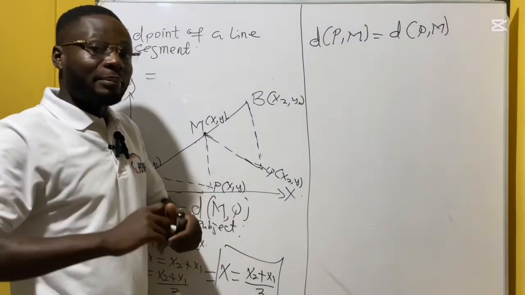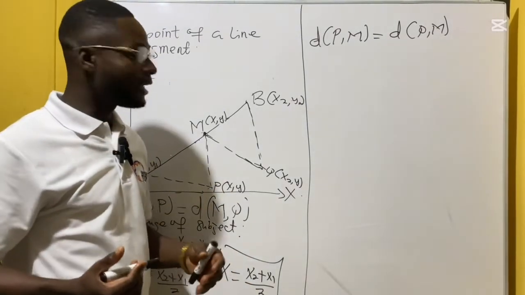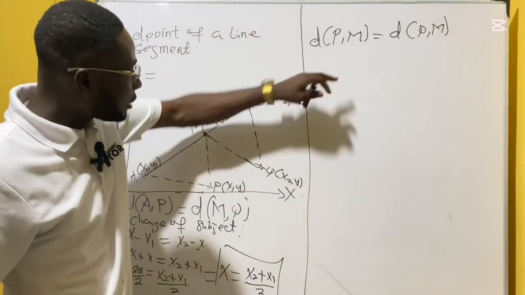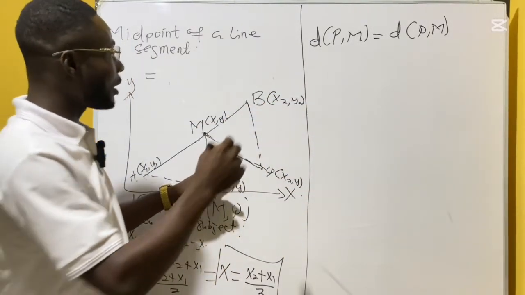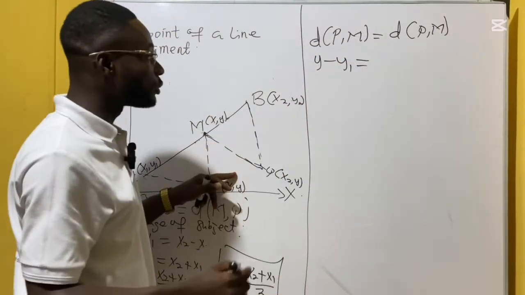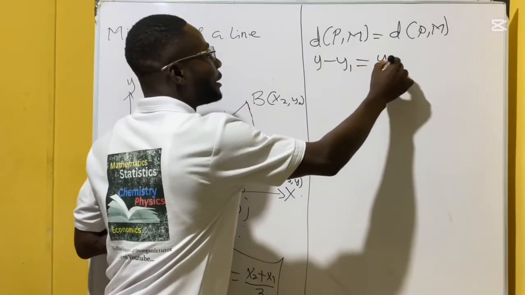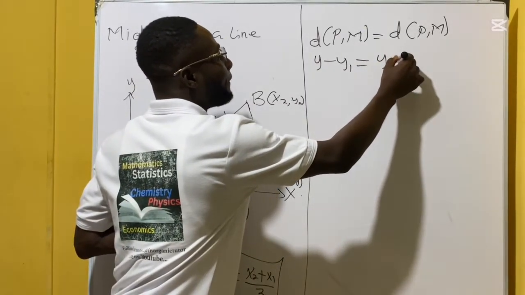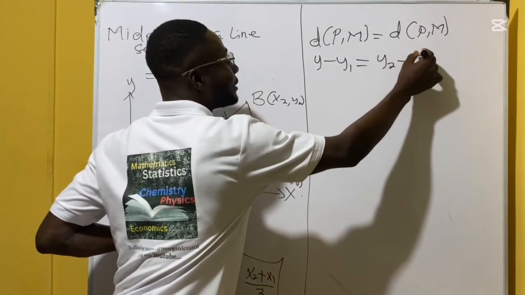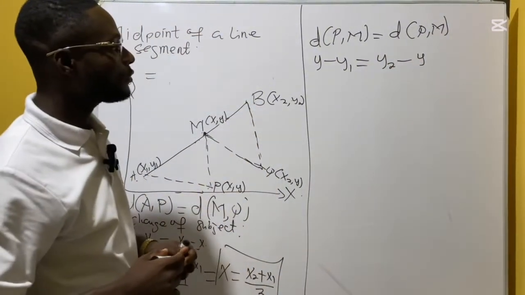So by the application of change of subject again, we will realize that y minus y1, of which we have it here, will be equal to y2 minus y, right?